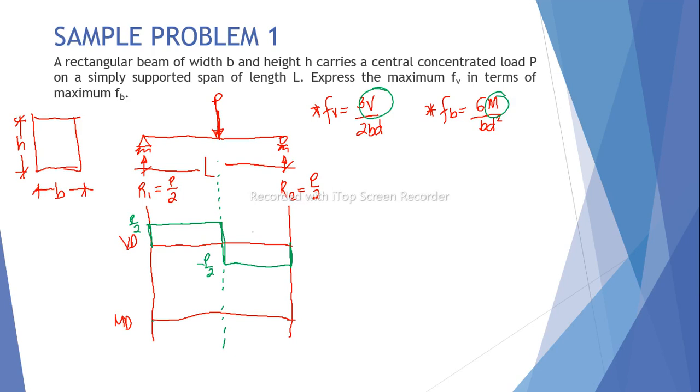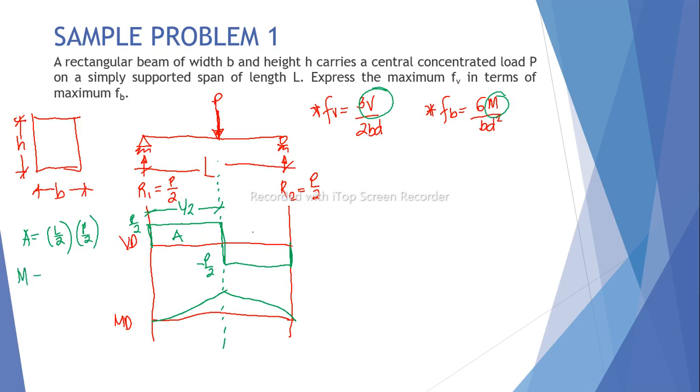So in the moment diagram, a first degree line is expected to be present. To get the moment, that is just the area from the shear diagram. So the area there is just equal to length times width. The length here is L over 2, because this is one half, times the height P over 2.